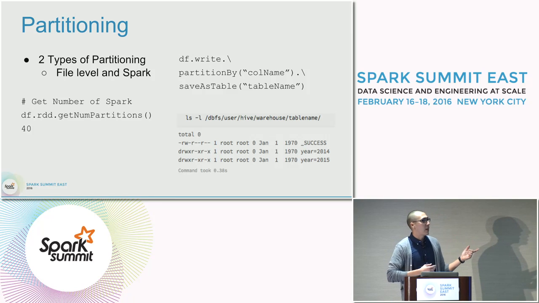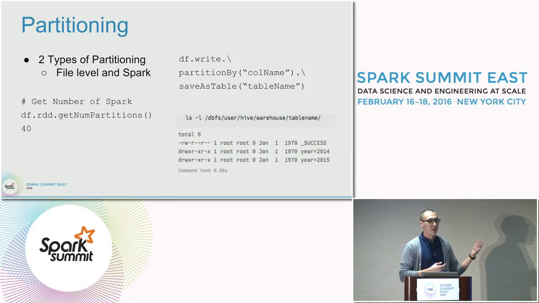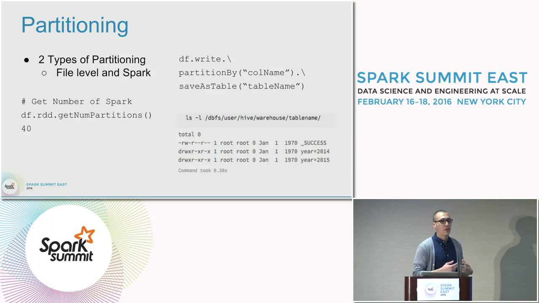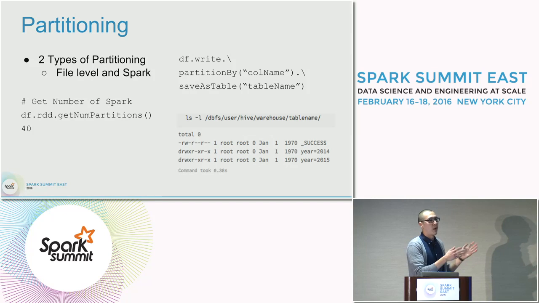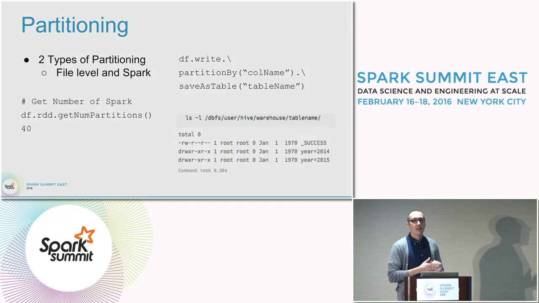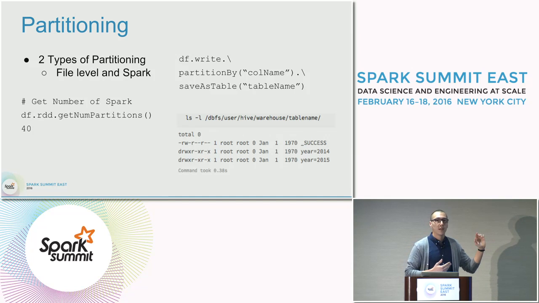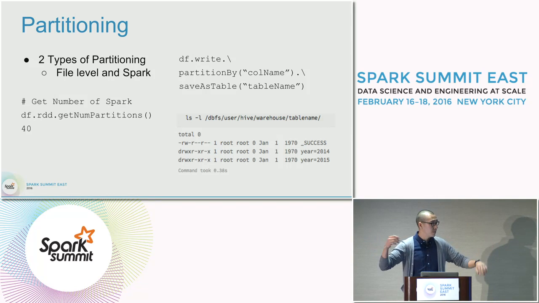Spark has a number of partitions that you can query, and here is an example of calling get number of partitions within PySpark. This determines the number of file writers that you have when you're writing these data pipelines. So this is important when you're using coalesce. That's going to reduce the number of partitions for the data frame that represents your data partitioned across the executors. That's the Spark level partitioning.